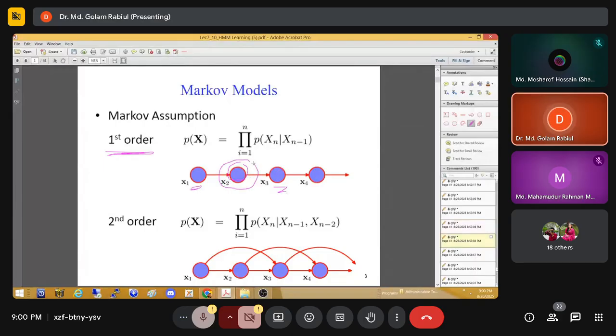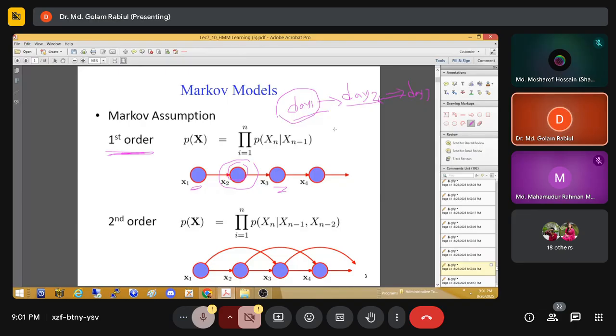In another way, we can say that the future will only depend on the present. Or you can say day 2's state will only depend on day 1's state, and day 3's state will only depend on day 2's state, not on day 1's state.